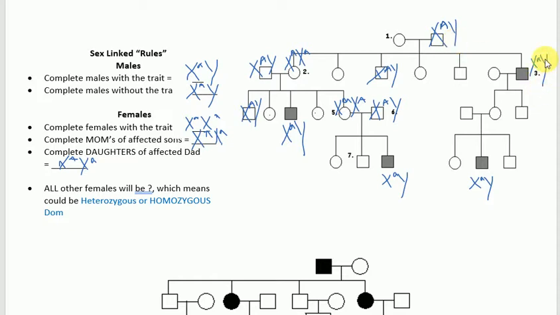So here we have an affected male and children. So we know here this guy's unaffected and this guy's unaffected. And these two together have an affected son. So that means, again, mom is X big A, X little a.